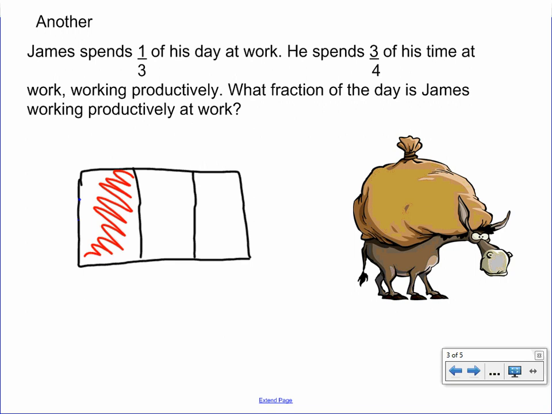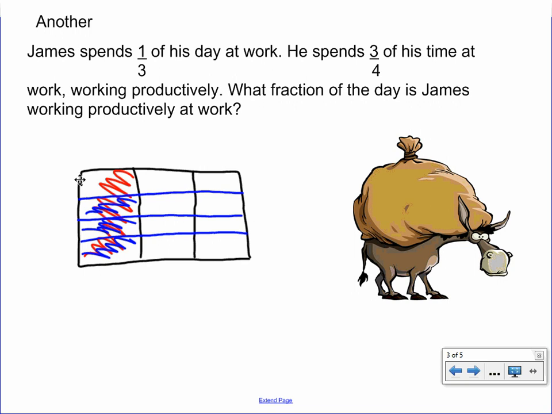We're just going to drag these all across because it doesn't make a difference; we're only going to look at his day at work. Now his day at work is broken into four different categories, and 3/4 of them he spends productively.